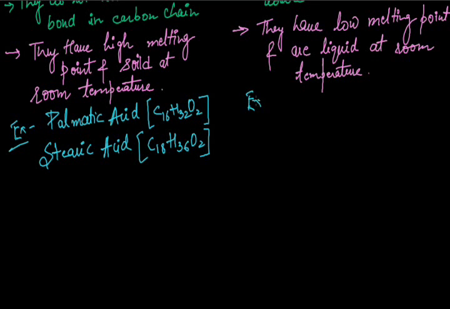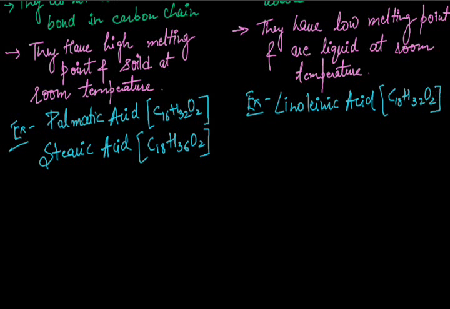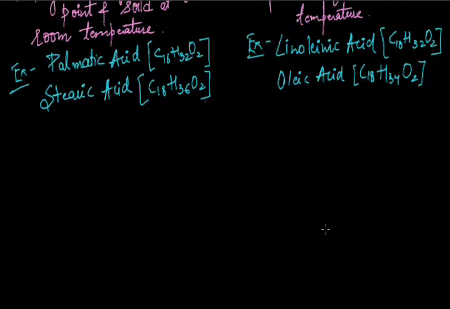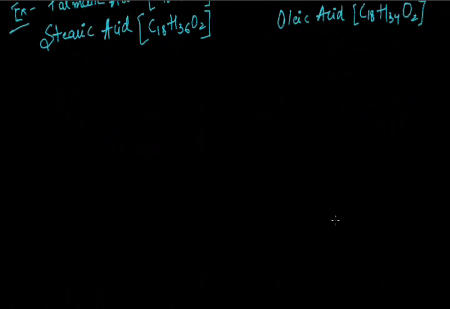Well, the examples in case of unsaturated fatty acids are linoleic acid having 18 carbon, C18H32O2, and oleic acid, C18H34O2. These are the examples of unsaturated fatty acid.